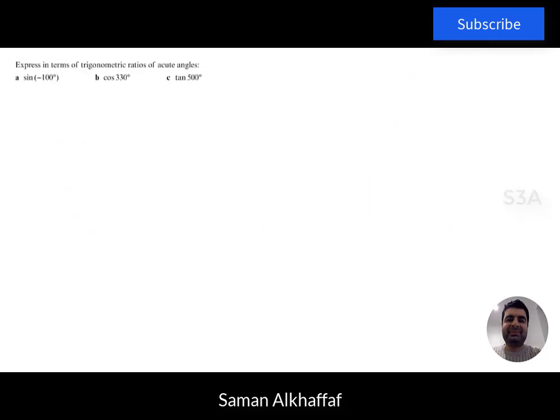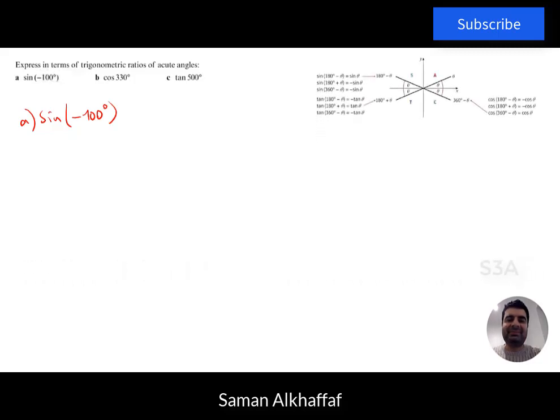In this example, we are asked to find the angles and the ratios of the acute angles for the angles shown. So first we look at part A, sine of minus 100 degrees. What will be useful for us to consider is remembering how the sine and cosine rules work in each quadrant: in the first quadrant they're all positive, sine is positive in the second, tan is positive in the third, and cosine is positive in the fourth.